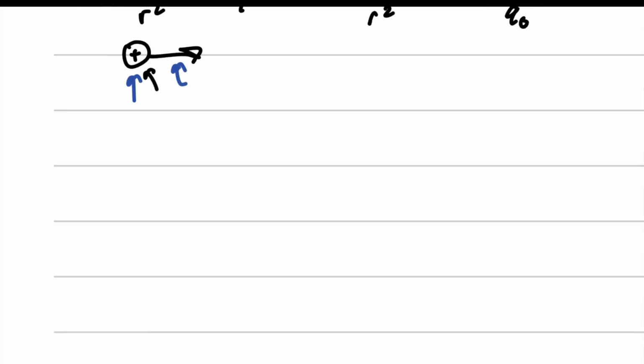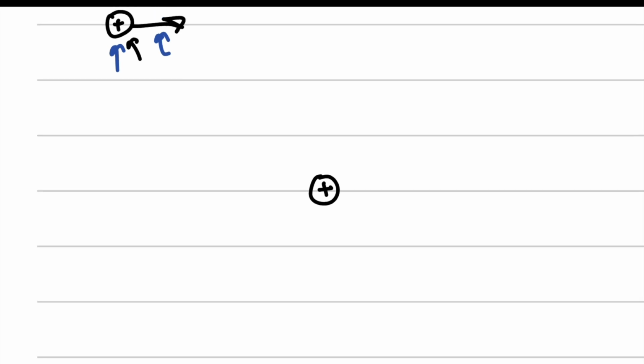So let's look at the idea of a point-like particle. If you have a positive point-like particle, it's going to be radiating electric field outwards in all directions like this.